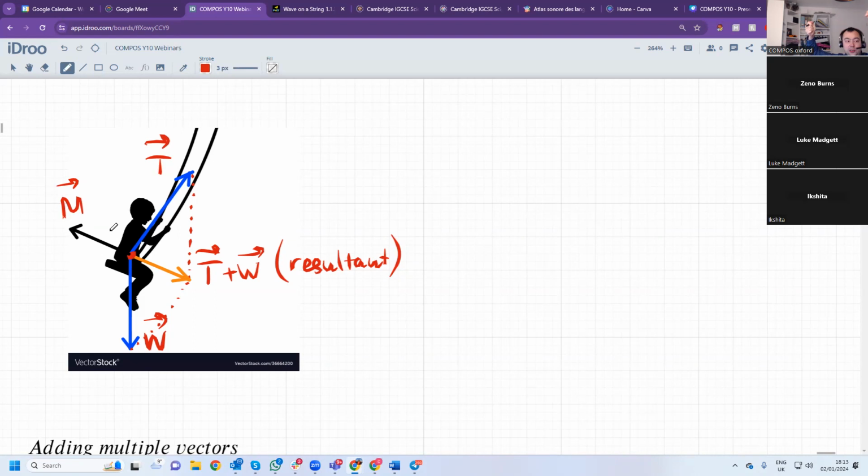If you're holding your child, preventing them from swinging, then you have a total force of 0, because this force, the orange force, is the total of the two blue forces. So you can forget about these two. Now there's only two forces, one forward and one backwards. If the forces are equal, then the child is stationary. If there's no force here, then the child will swing.